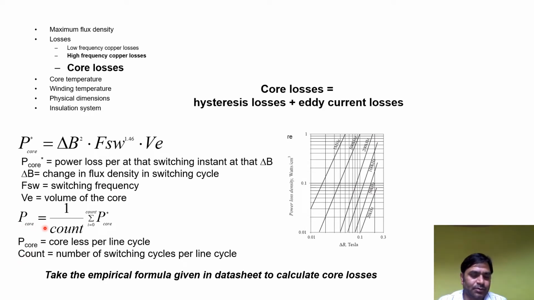Then P core equals 1 upon count, summation i equal to 1 to count, of P core. So P core is the core loss per line cycle. This is the empirical formula given in the supplier data sheet.